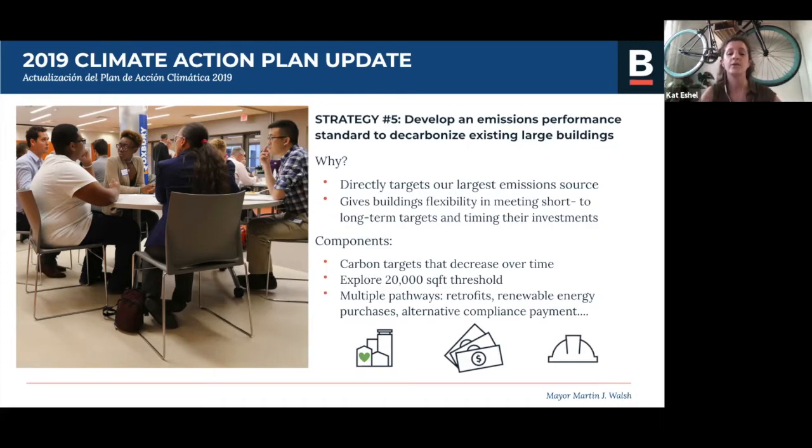It also would give buildings flexibility in meeting short to long-term targets, and it would allow building owners to choose when they make different investments or different choices in order to hit their targets.